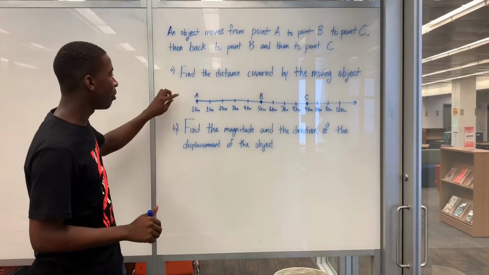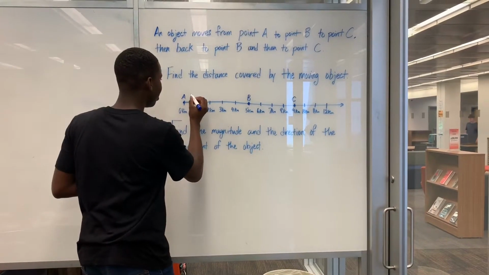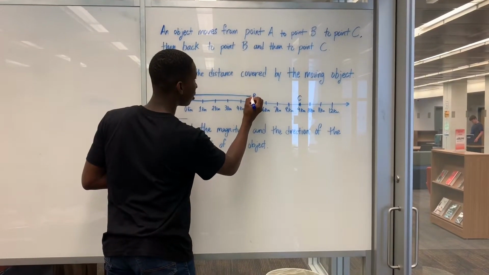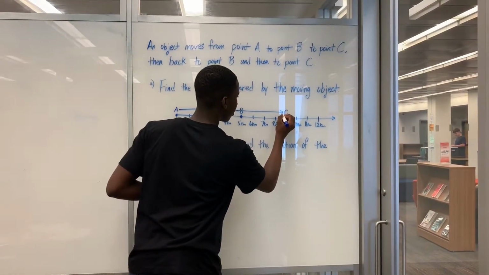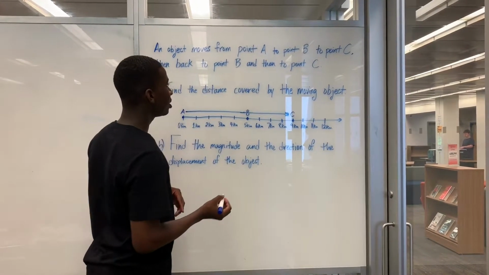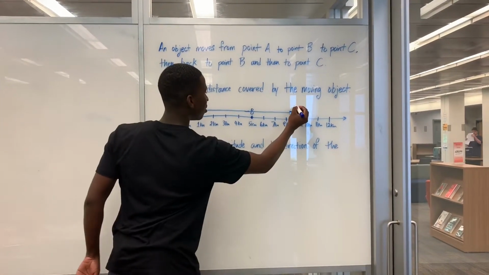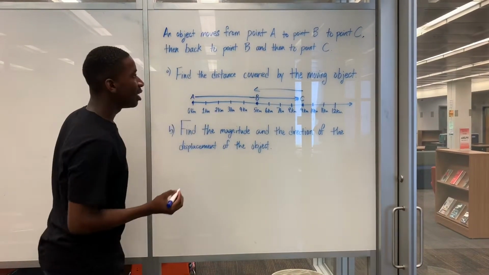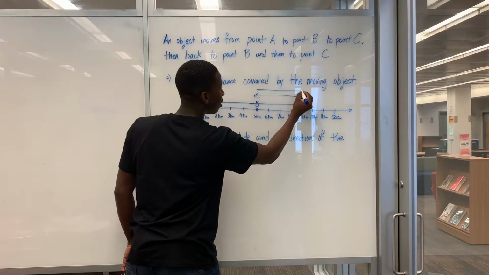Object moves from point A, point B, to point C. Okay, we got that. Now, from point C, where is it going? Back to point B. And then back to point C again.